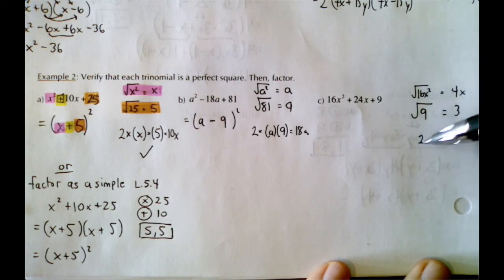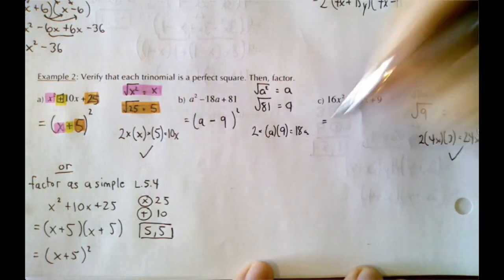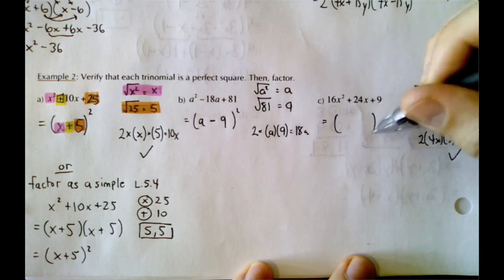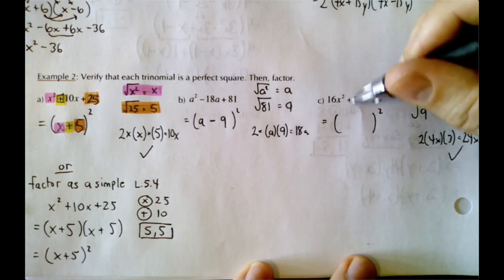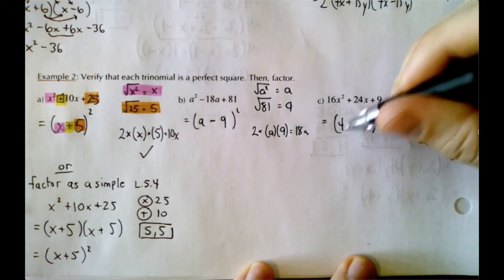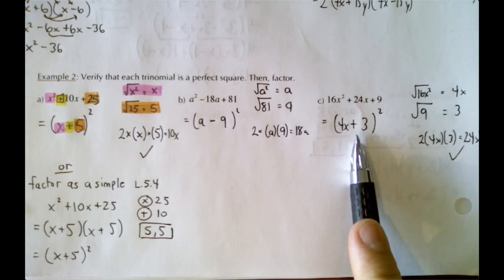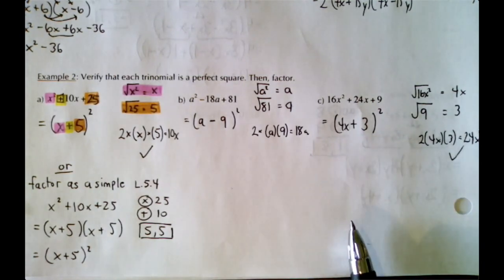So is the middle term 2 times 4x times 3? Well, let's check. 2 times 4 is 8, times 3 is 24, and there's an x. So this is a perfect square trinomial. So let's factor it. One bracket, and that bracket's squared. The sign is a plus sign, and it's got 4x and 3 in it. And this would be way faster than trying to factor this question like a complex trinomial.